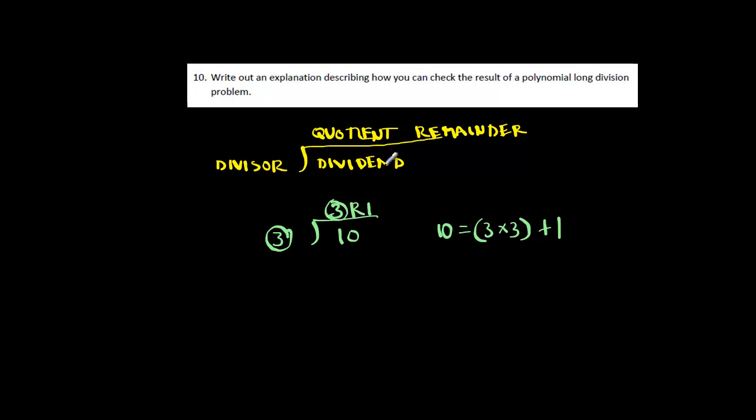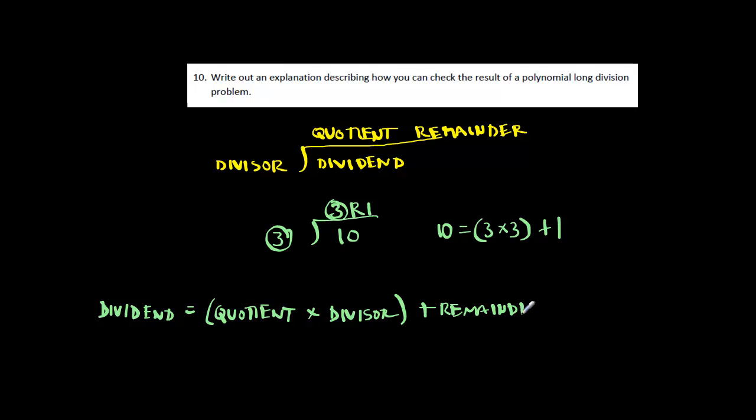So the dividend, the 10, equals the quotient times the divisor plus the remainder. That's a way to check it. If you multiply the divisor by the quotient and you take that value and add the remainder to it, you should get the dividend. If not, then you did something wrong.